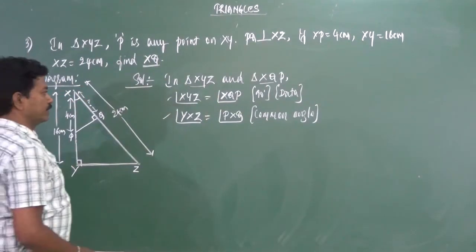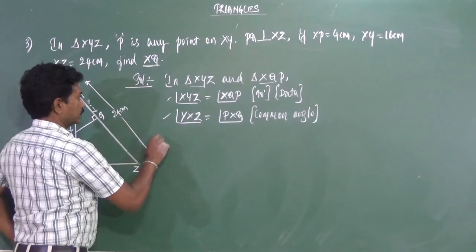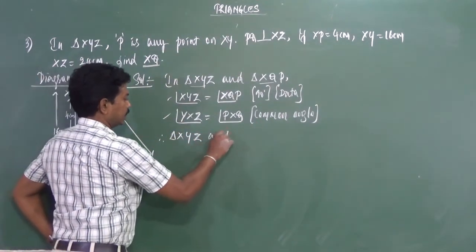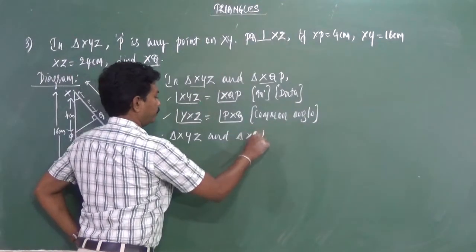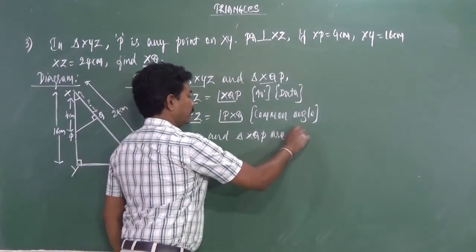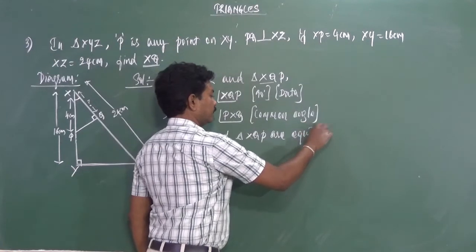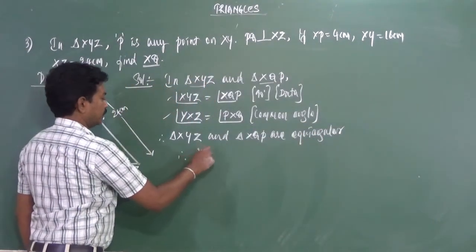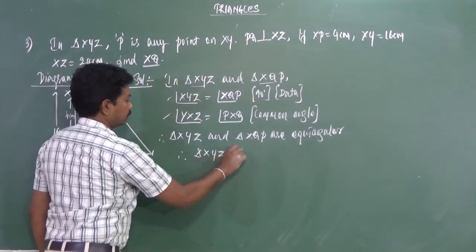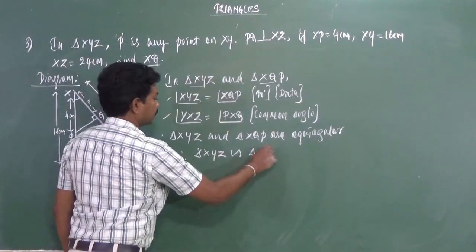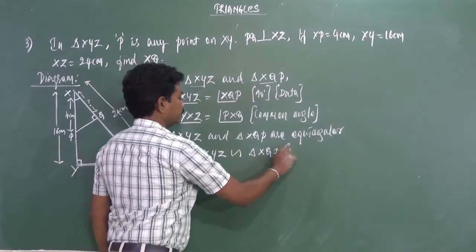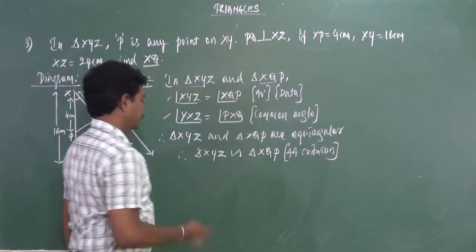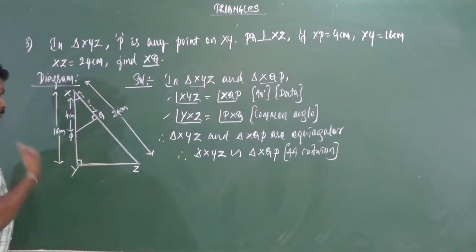Therefore both the triangles are equiangular. So triangle XYZ is similar to triangle XQP according to the AA criterion. Now we will go with the corresponding sides.